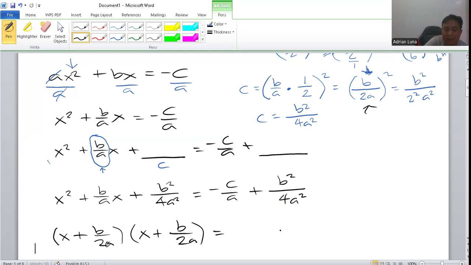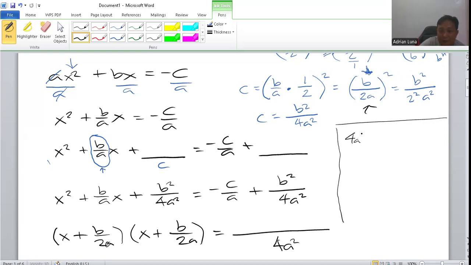And sa kanan, we're going to add dissimilar fraction, dissimilar because magkaiba yung denominator. And the LCD of a and 4a squared is 4a squared. So 4a squared, the LCD divided by the original denominator. Let's use this as our scratch.